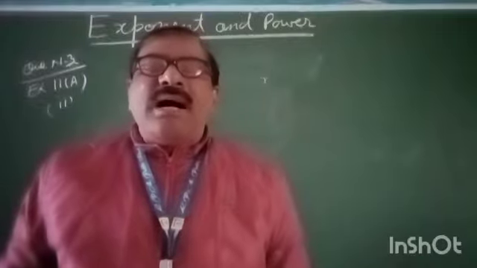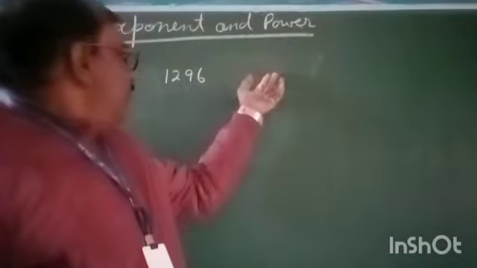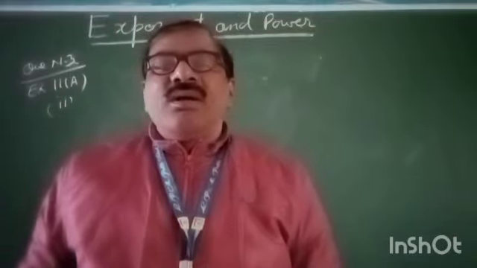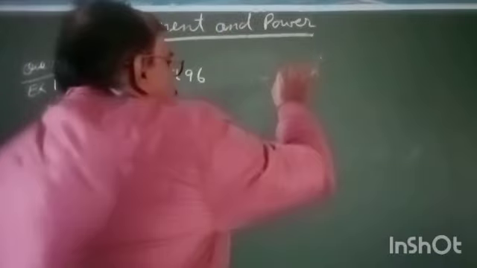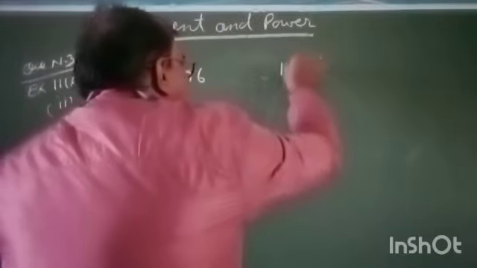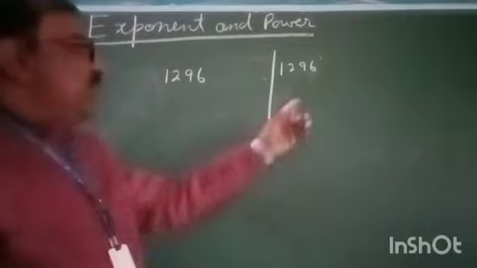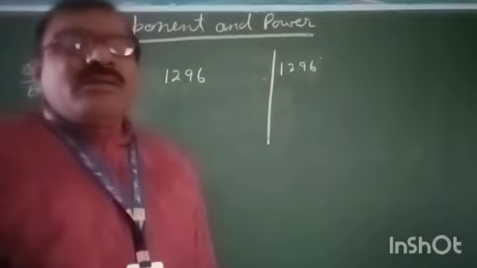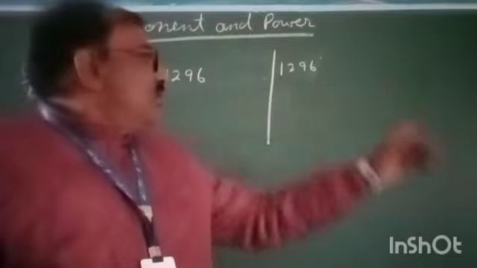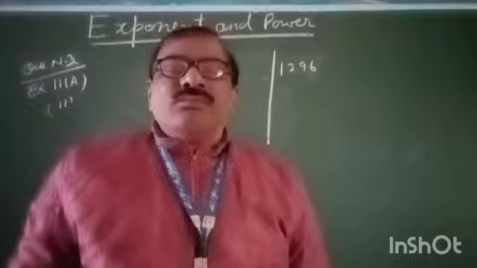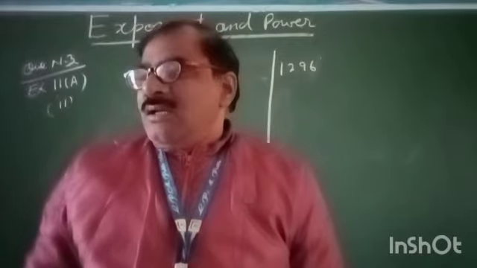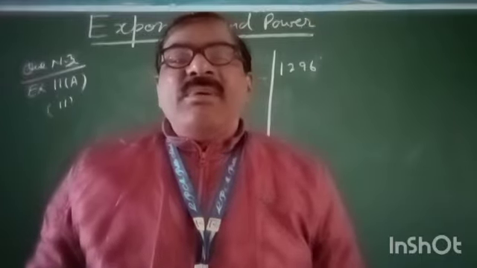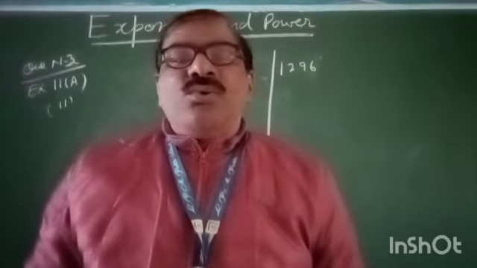So dear students, first of all, I will find the prime factorization of 1296. The ones place is an even number, so this is divisible by 2, because if in any number the ones place is 0 or an even number, then that number is divisible by 2.